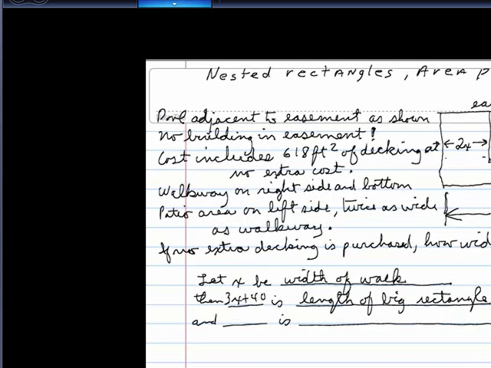Now what about the width of the big rectangle? Well, that's going to run from here down to here. And it's 15 from here to here. And it's x from here to here. So this is going to be x plus 15.